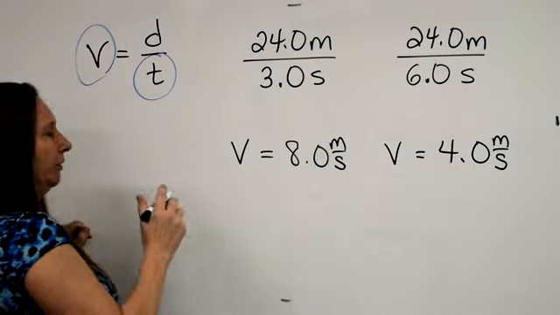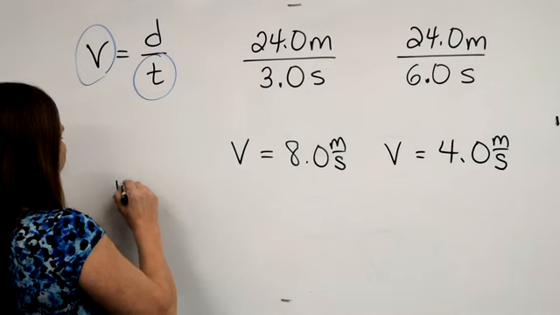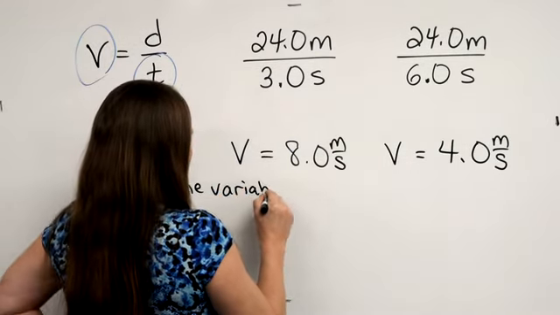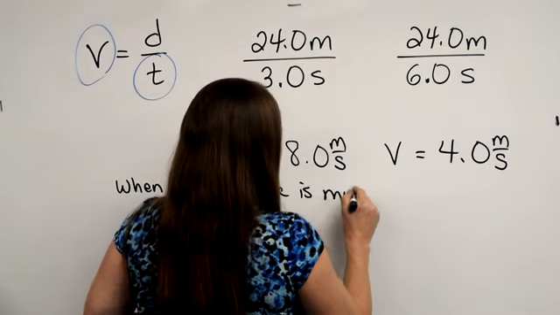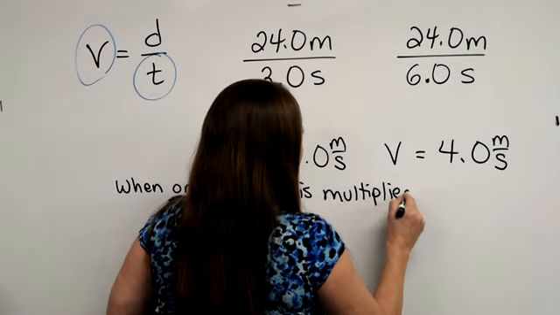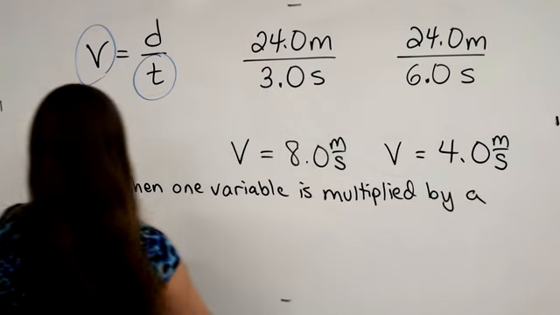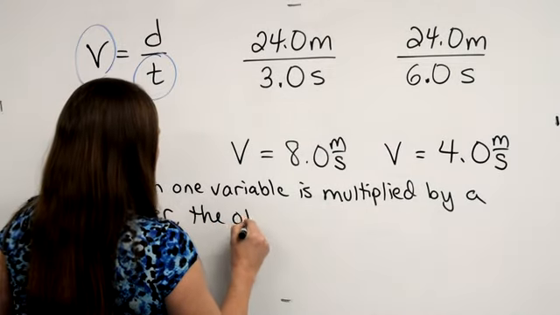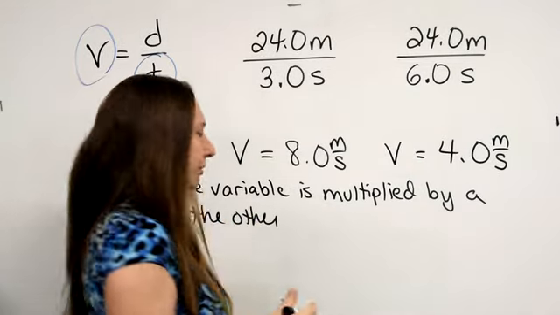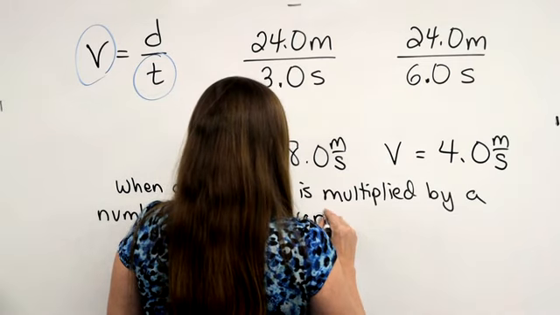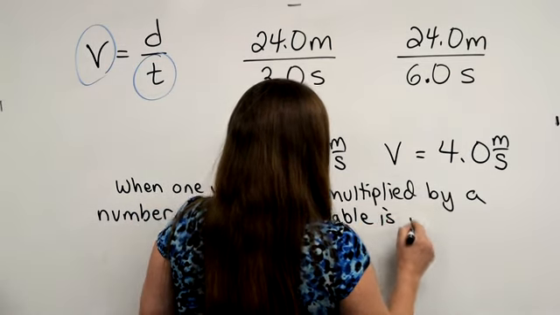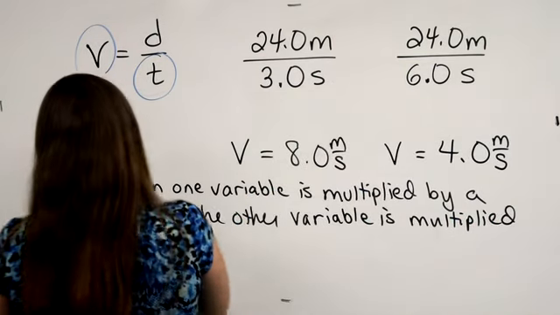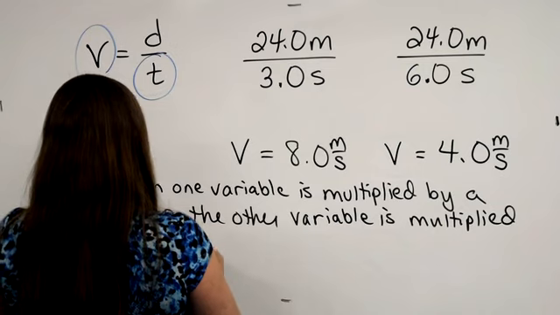So for an inverse relationship, we said when one variable is multiplied by a number, the other variable, the variable that is inversely related, is multiplied by its inverse.